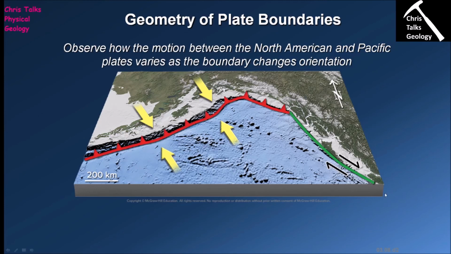So we can see it here, our plate boundary is moving approximately northwest southeast, and then we are changing direction to an approximately southwest northeast orientation. So as we change from one geometry to the other, obviously that means we are most likely, well, we're very likely to change the type of plate boundary. So when you see a plate boundary changing direction, that's normally an indicator that the type of boundary you're seeing will also be changing.